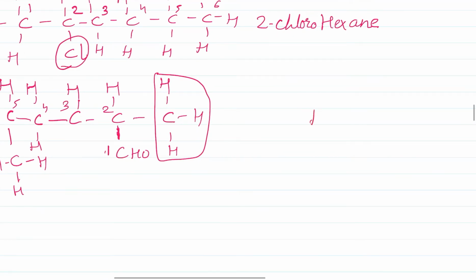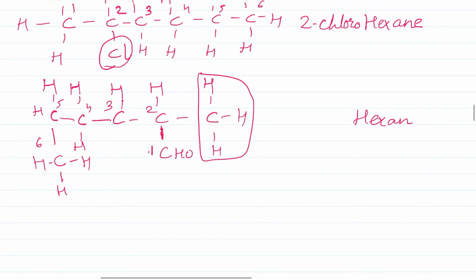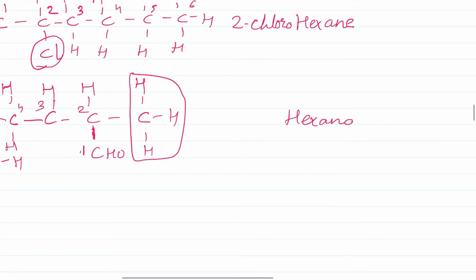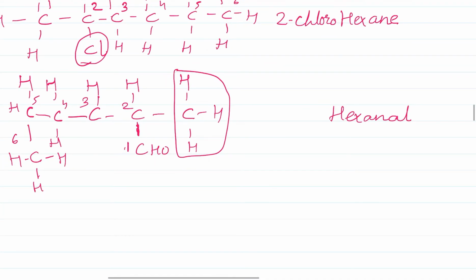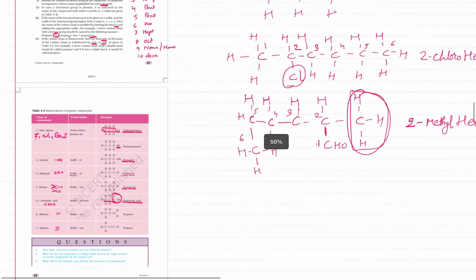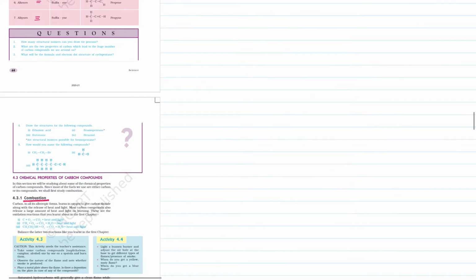So hex, all single bond, so AN, and the functional group is aldehyde. So you will say AL, hexanal. But there is one CH3 group attached at the second carbon, so it will be 2-methyl hexanal. This is how you can name various substances.